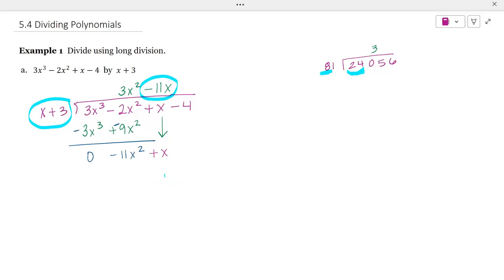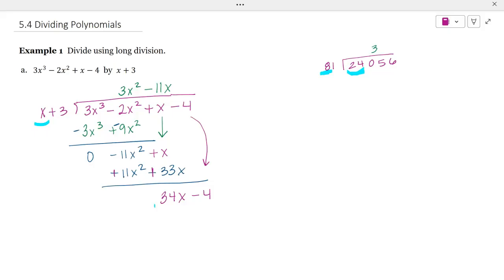That's going to be negative 11x squared minus 33x. And then I subtract. So this changes to a plus, and this changes to a plus. And I have 34x, and then I bring down the next number, minus 4. Repeat the process again.